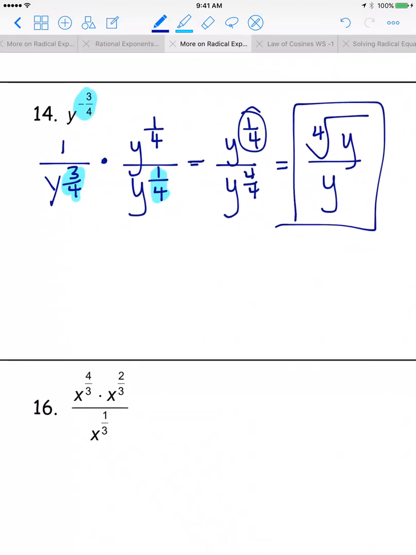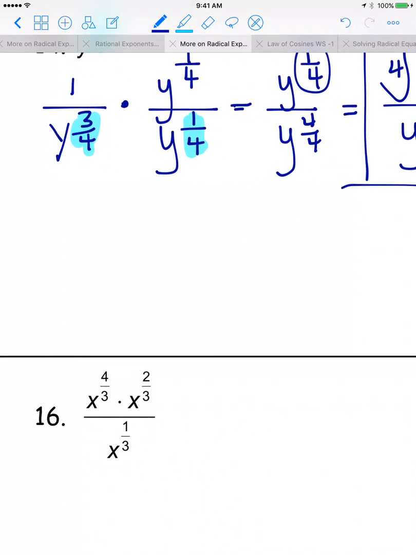Okay, last one. So the first thing that I would do here, and hopefully you will see this, is that I would simplify my numerator because I've got two of the same bases, so I can add these exponents together. And look, they happen to be the same denominator.